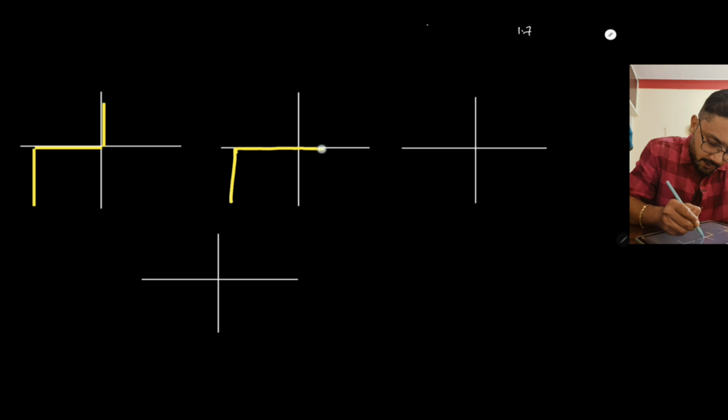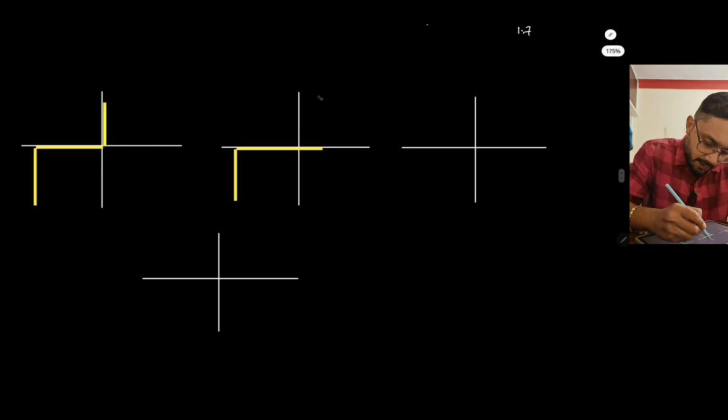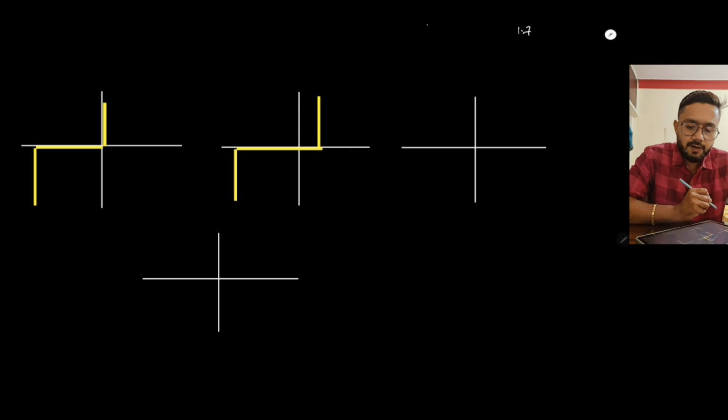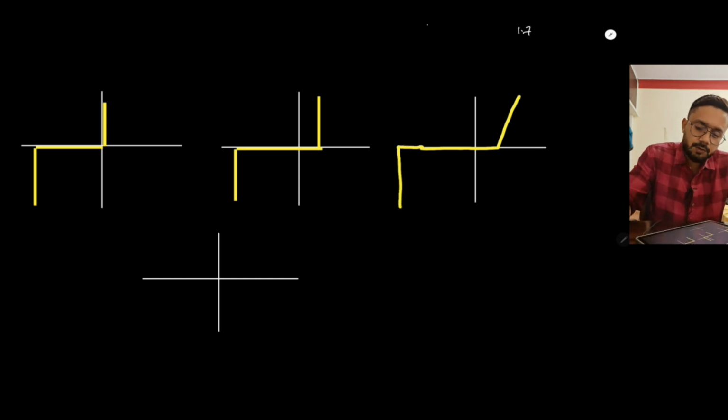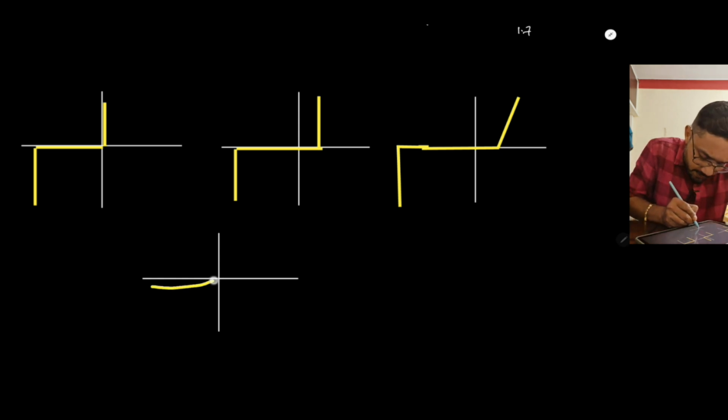If I consider the voltage drop in the diode, this will be the VI characteristic. If I consider the voltage drop in the diode plus the internal resistance, the VI characteristic will look like this. Okay, and now if we even consider the reverse saturation current, the VI characteristic will look like this.